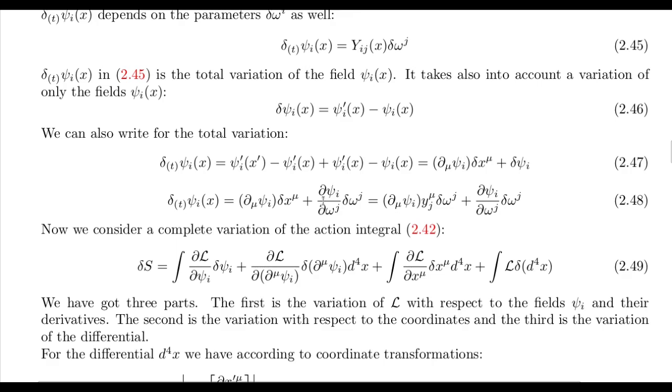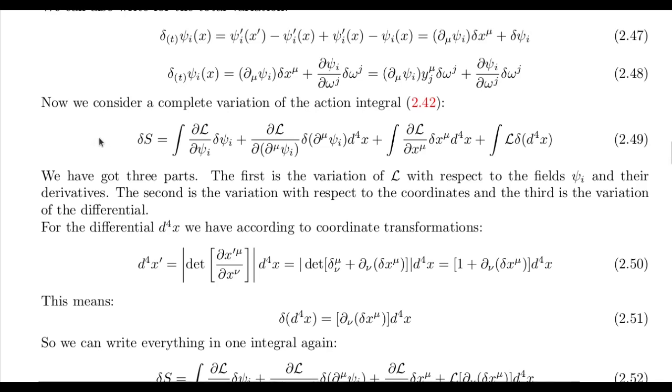We differentiate with respect to the transformation parameters omega, and have then delta omega. And we use the expression for delta x. We had to write here y and the delta omega parameters. So we have here this expression 248.